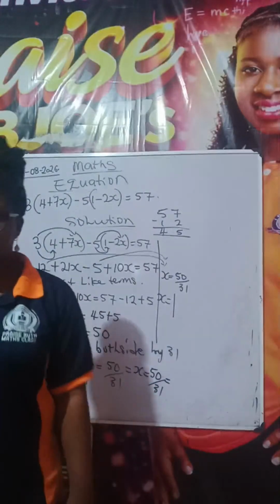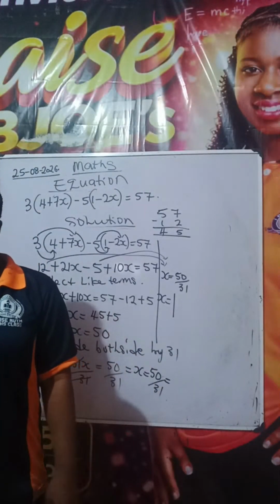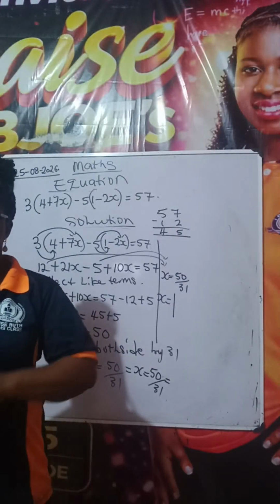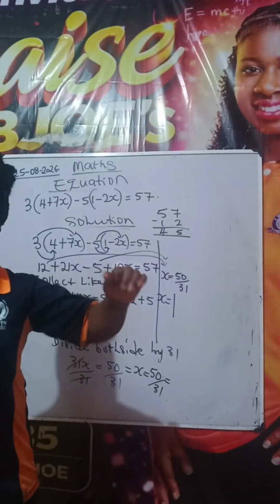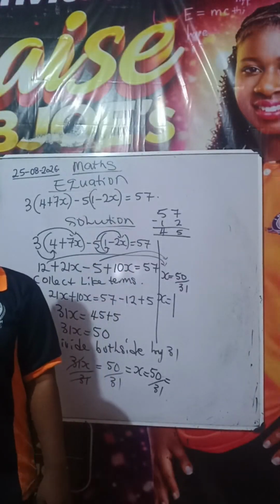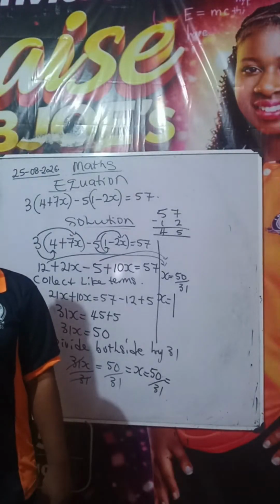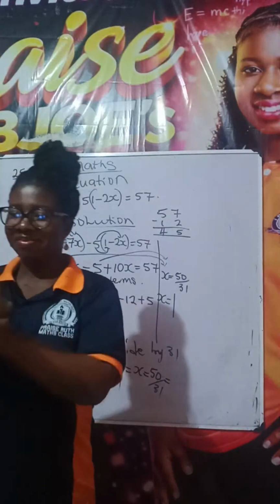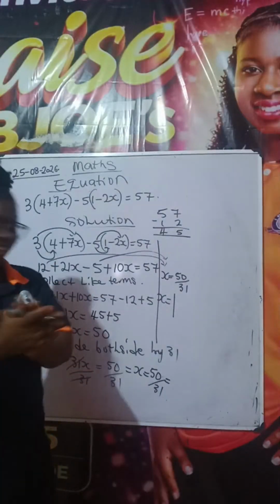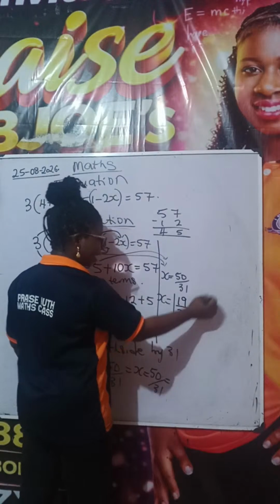Then there will be a remainder. So that means 50 take away 31. How many is the remainder, everybody? 19. Correct. So we have 19 all over 31, and that is the answer.